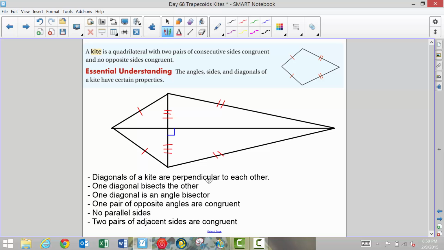So diagonals of a kite are perpendicular to each other, so I have that in here. One diagonal bisects the other, indicating that right here I have A, B, C, D. CD bisects AB.